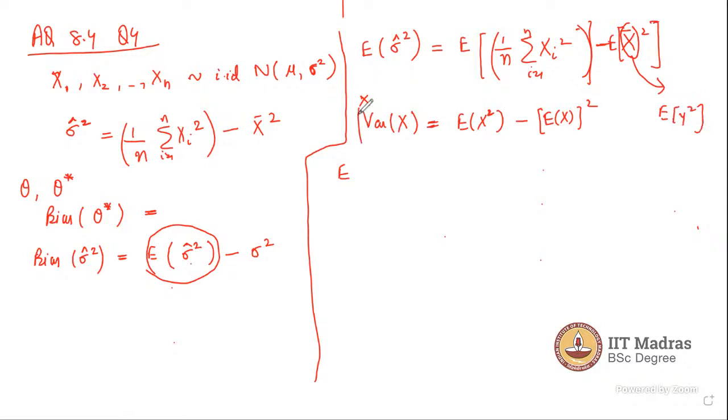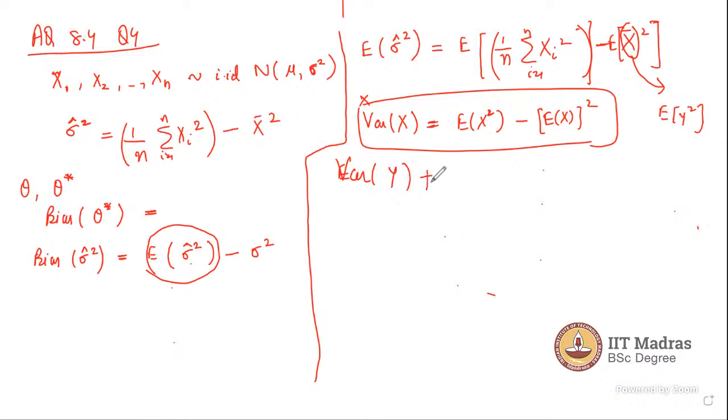I will write expectation of y square as variance of y plus expectation of y, whole square. In this case our y is x bar. So this is variance of x bar plus expectation of x bar, whole square.